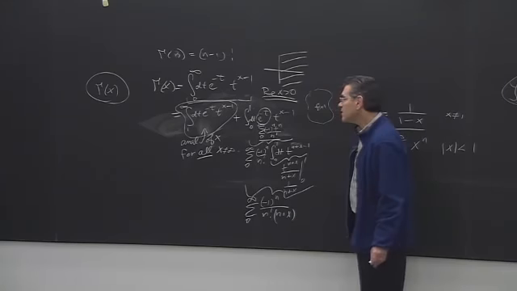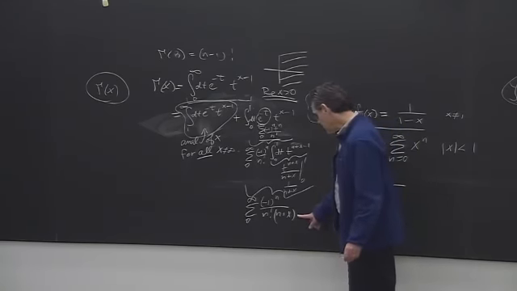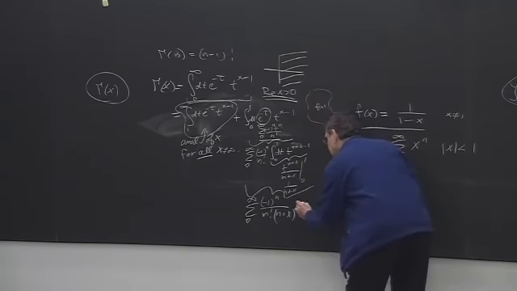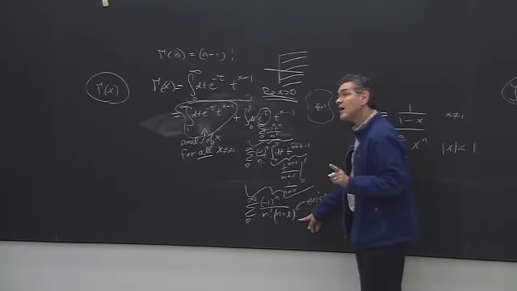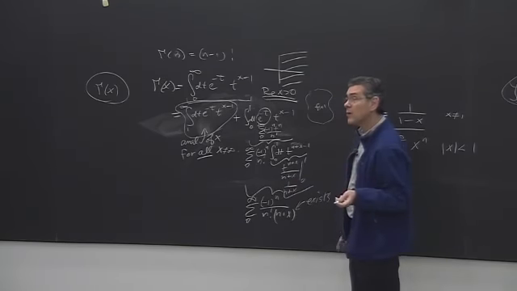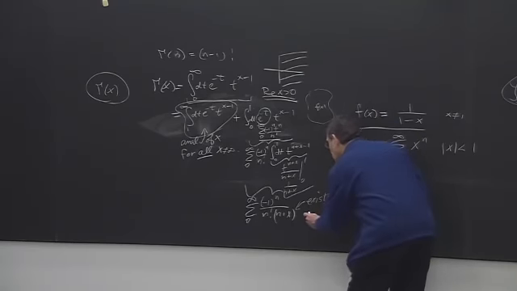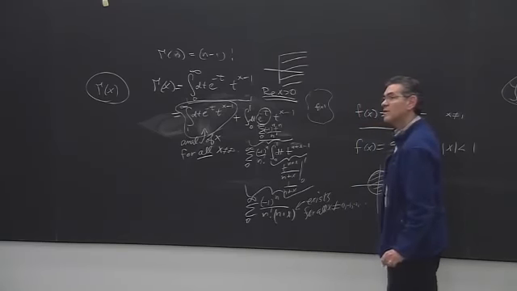So this exists and converges and defines an analytic function because it satisfies the Cauchy-Riemann equations, for all x not equal to 0, minus 1, minus 2, and so on. Just so long as x is not that.